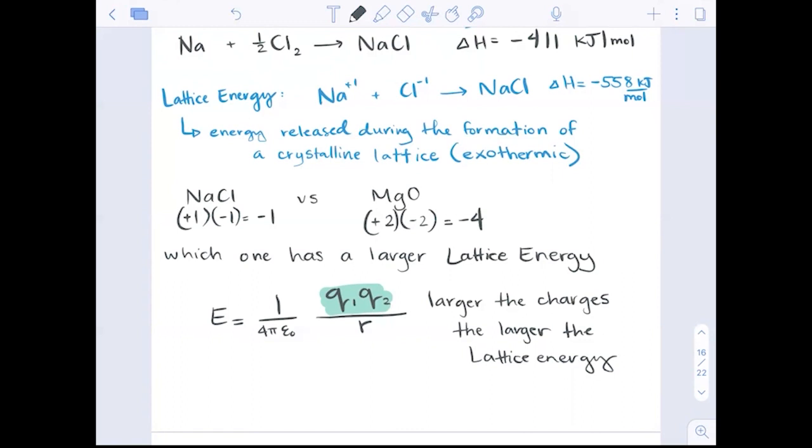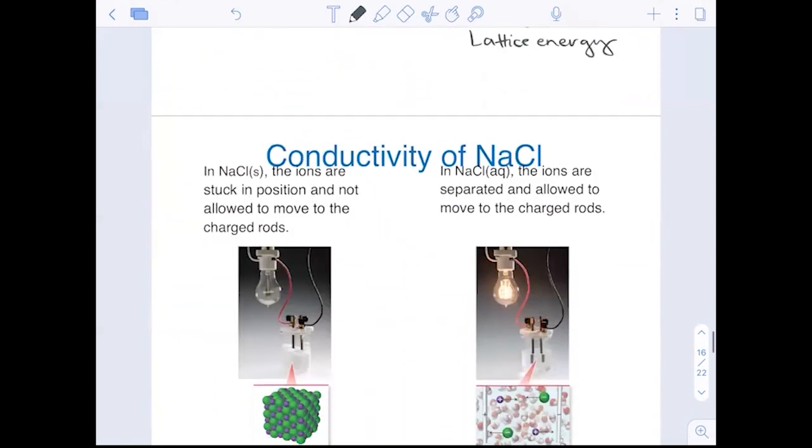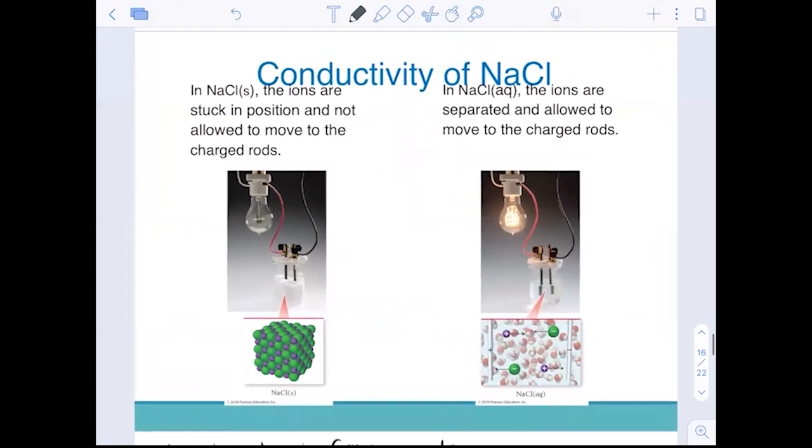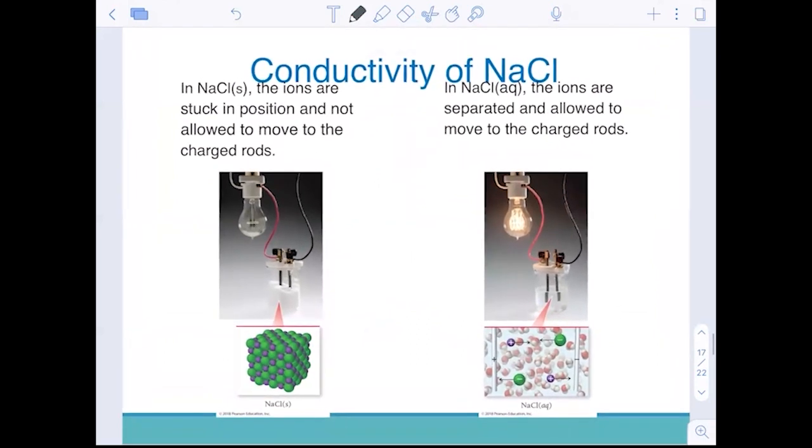Okay, as we are continuing on, what I want to go over next, I will wrap up with conductivity, and then we'll end with naming of ionic compounds. Now, this is what Lewis was talking about.